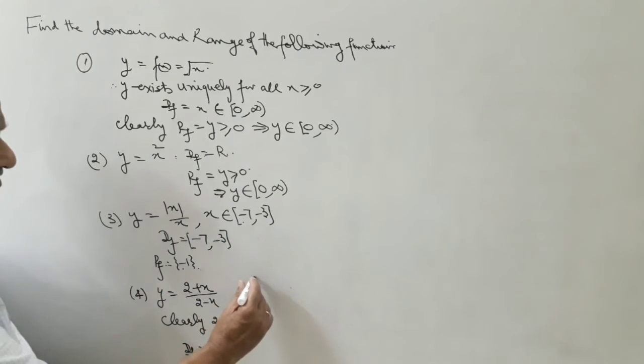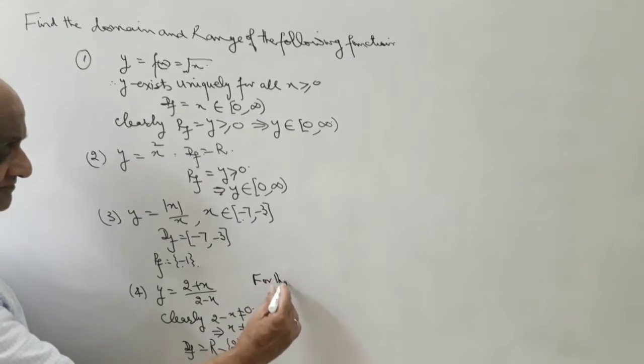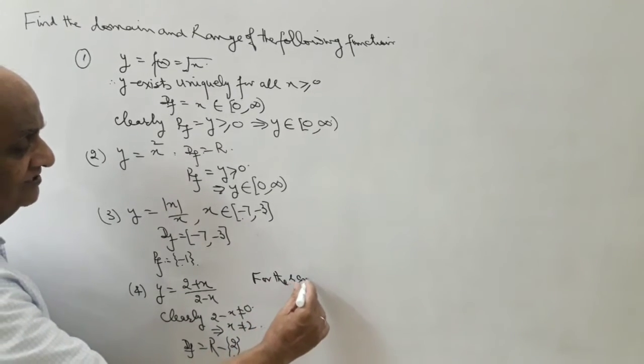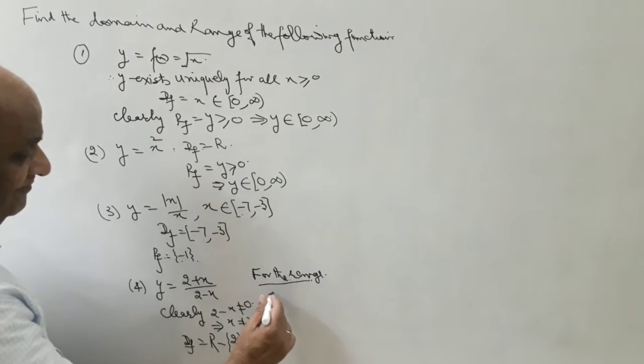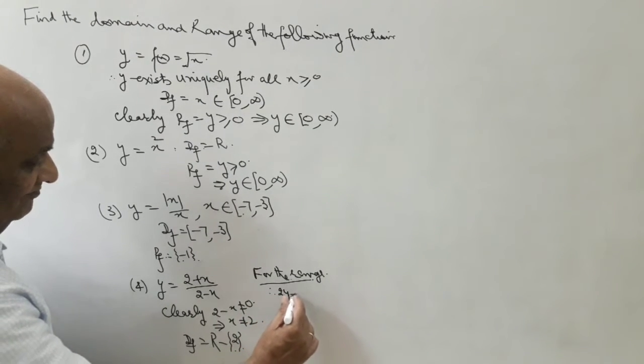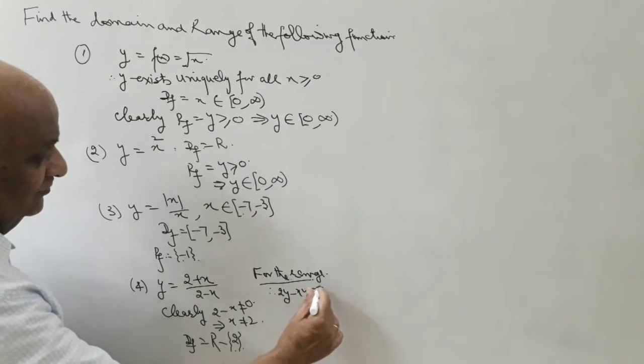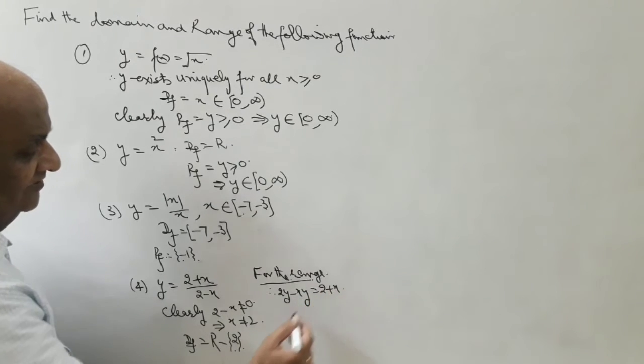Now for the range, underline this: we have 2y minus xy is equal to 2 plus x.